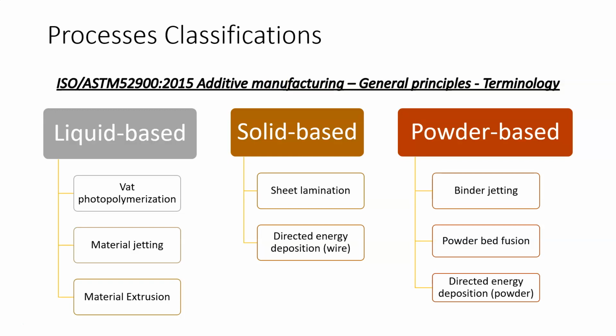All of the 3D printing and additive manufacturing, all the various different types of 3D printers, will fall under one of these categories. Basically they'll either be liquid-based, solid-based, or powder-based, and then it'll be closely aligned to one of these other technologies.